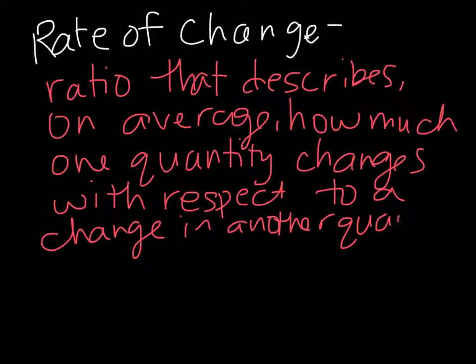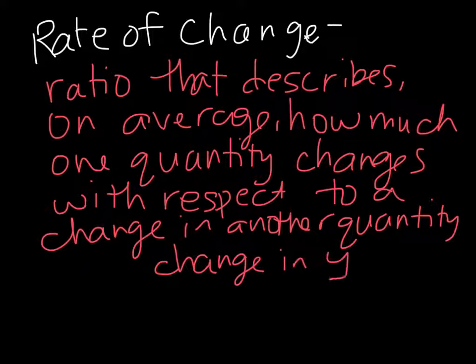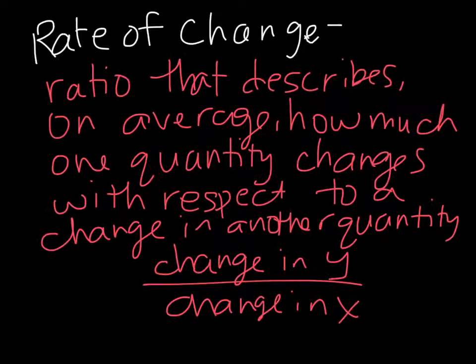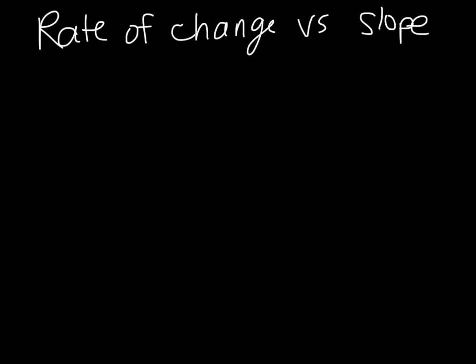So we're just comparing how things change with each other. When we think about a table, we talk about the change in y over the change in x, and that's talking about our rate of change. Change sounds a lot like what we talk about when we talk about slope.